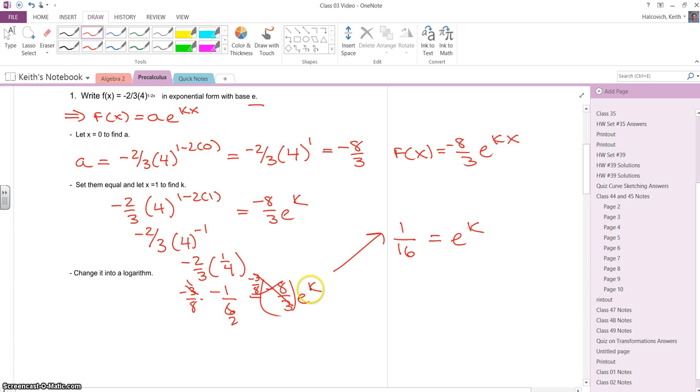Now from there, we're going to change it into a logarithm. And basically what that means is we're going to take the ln, we're going to say that k is equal to the ln of 1/16. So the function is equal to negative 8/3 e to the ln of 1/16 k.